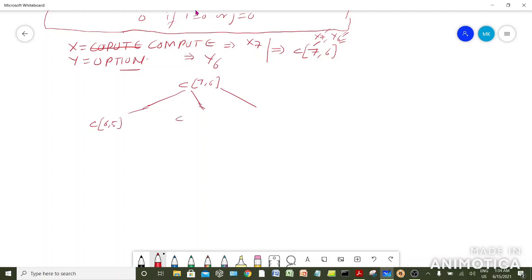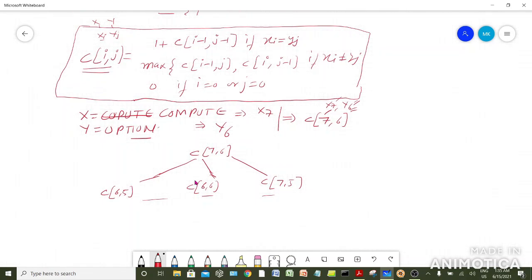Second one will be requiring the solution for C of 6 and 6. The third one is we will be requiring the solution of 7 and 5. Now from where these three terms came? These three terms came from the definition, this one. Just put 7 here and 6 here. The solution will be requiring these three parts. Fine.